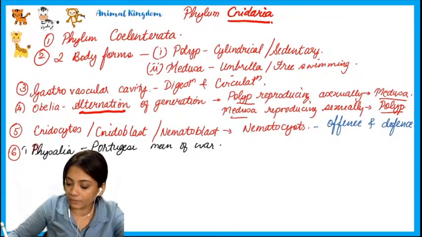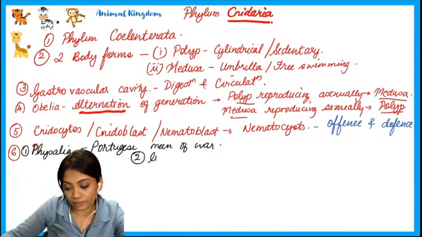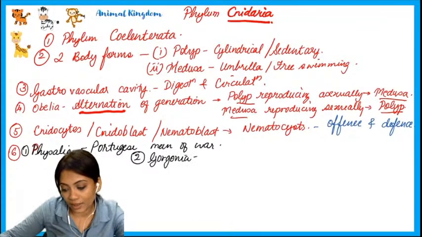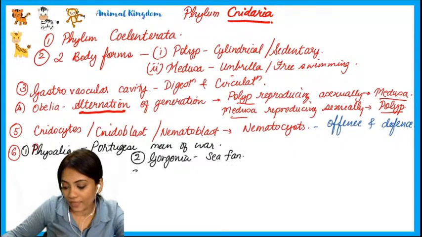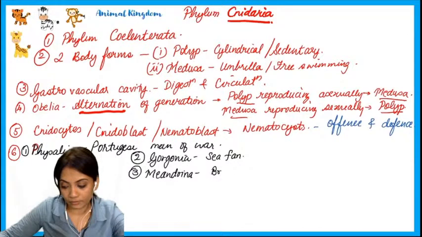Second example that we studied was called Gorgonia. What was this Gorgonia? It was sea fan. Okay, then we did Meandrina. What was Meandrina? It was brain coral.